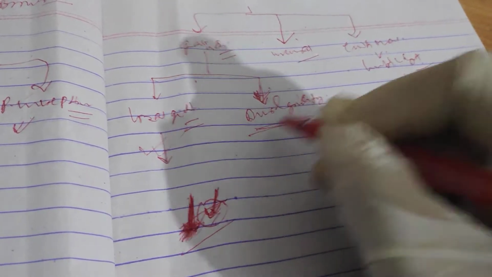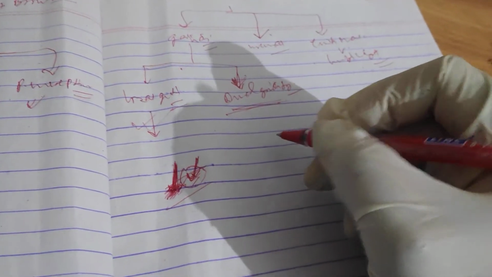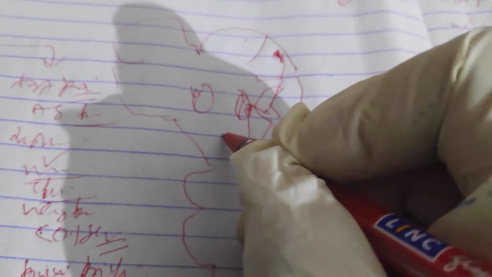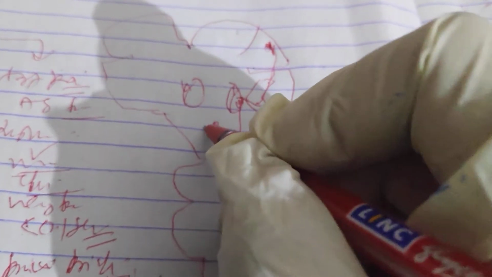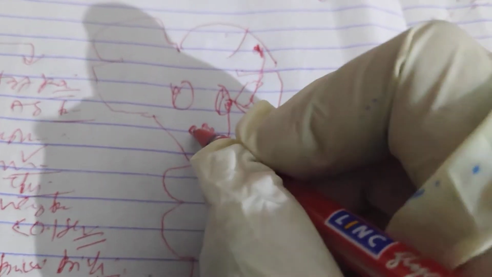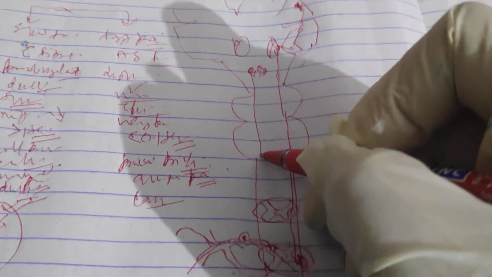And the analgesia system comes from the periaqueductal gray matter. This is the midbrain, and this is the cerebral aqueduct, and by the side of it there is the periaqueductal gray matter, from which the analgesic system comes.